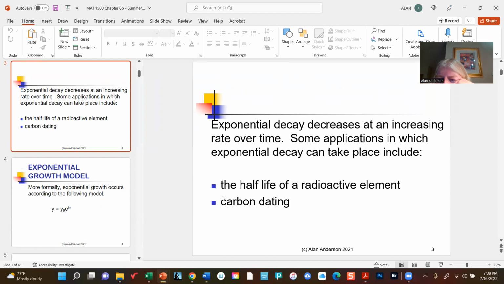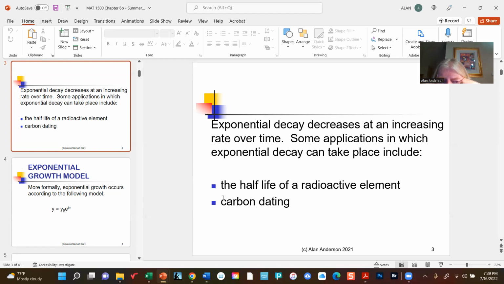And then carbon dating. Of course, every crime show ever made uses carbon dating to tell how old a murder weapon is, or whatever the case may be, because it's well known what the half-life of carbon-14 is. And so you can tell how old something is by looking at how much carbon-14 is still in it.